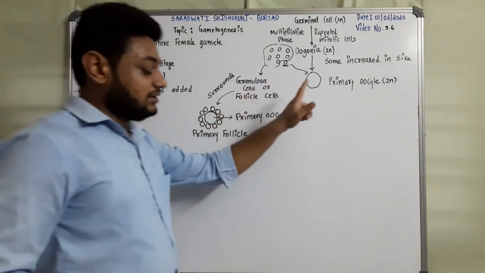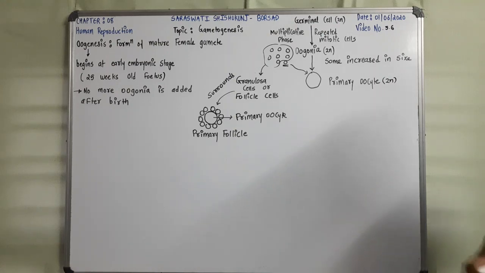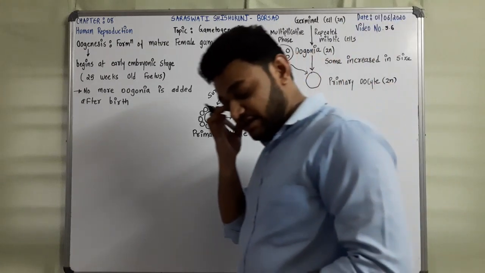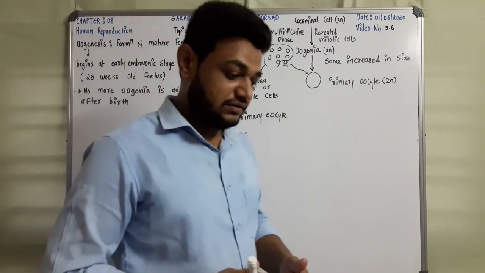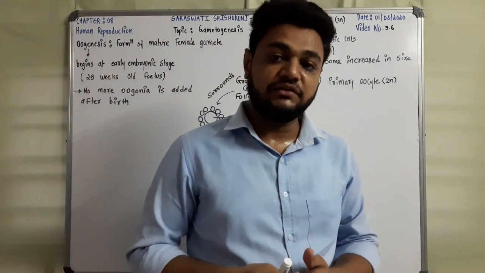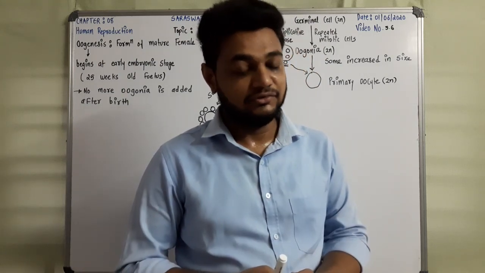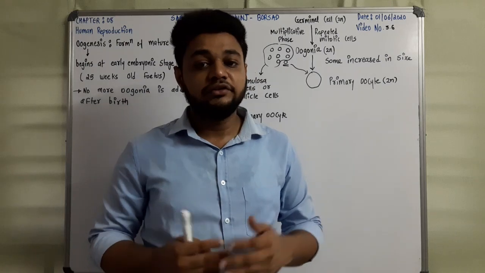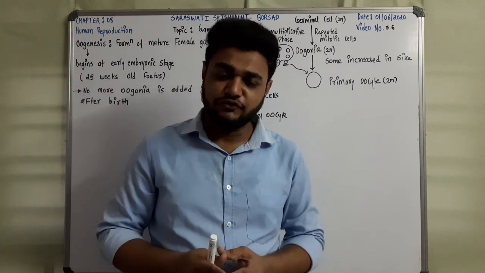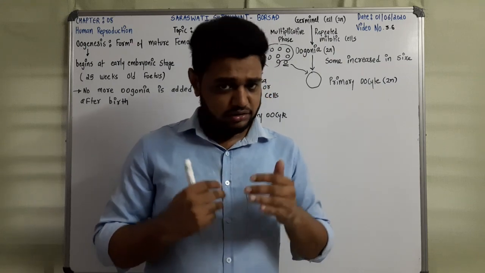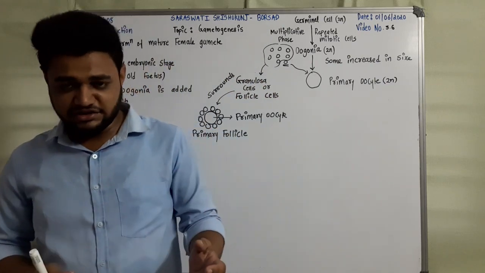See, this primary oocyte condition is suspended at prophase 1, at the diakinesis stage. Up to birth, many primary follicles are formed. They undergo degeneration, so many of them get degenerated.